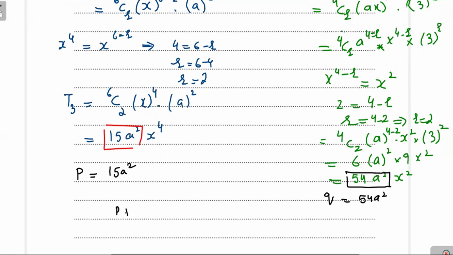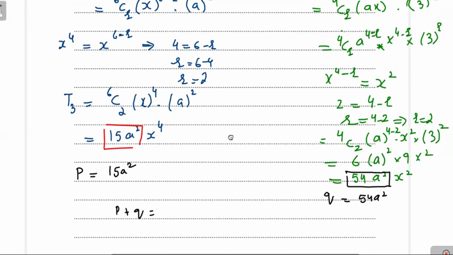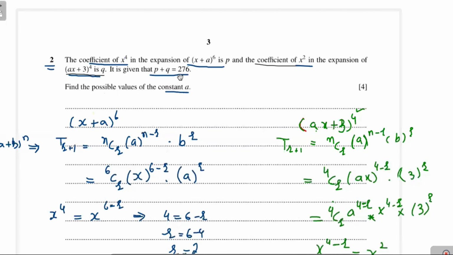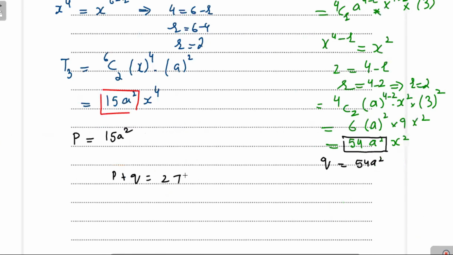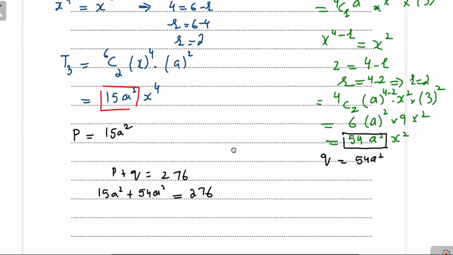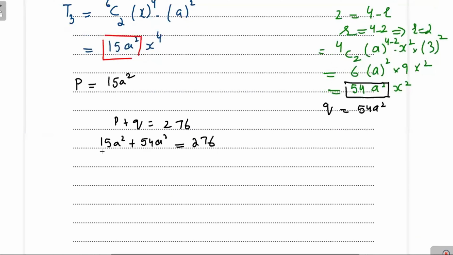Now p plus q will be equal to 276, and 15a square plus 54a square will be equal to 276, and 54 plus 15 is 69, so 69a square equals 276.